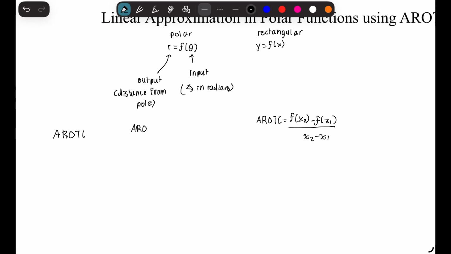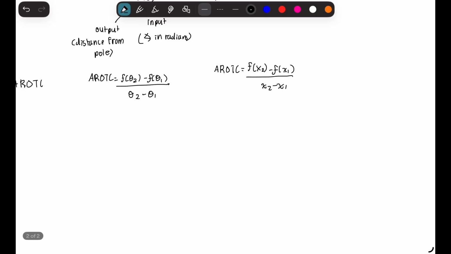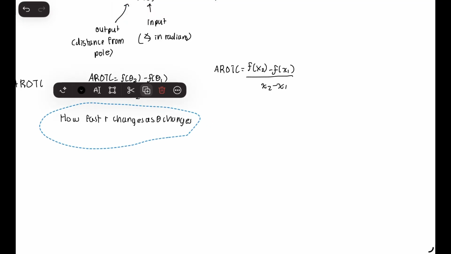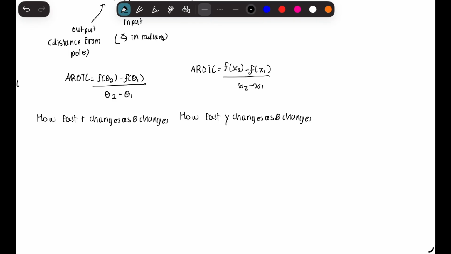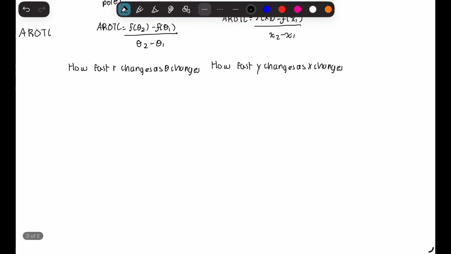So using our polar equivalences, this tells you how fast r changes as theta changes, while in rectangular we have how fast y changes as x changes.